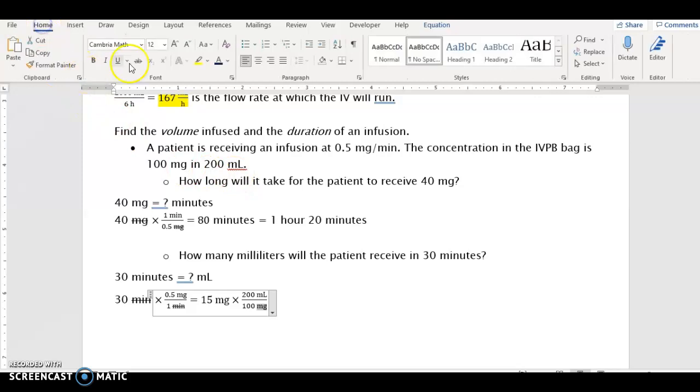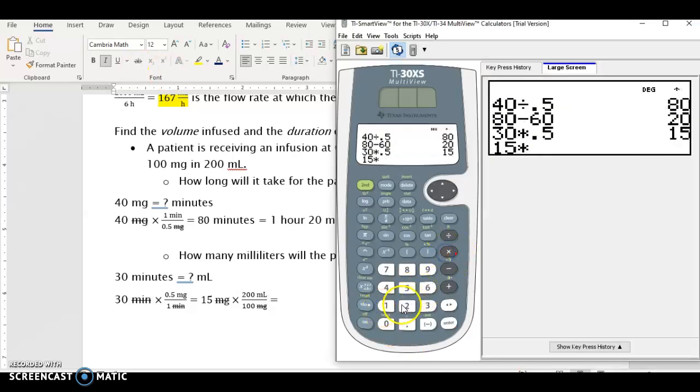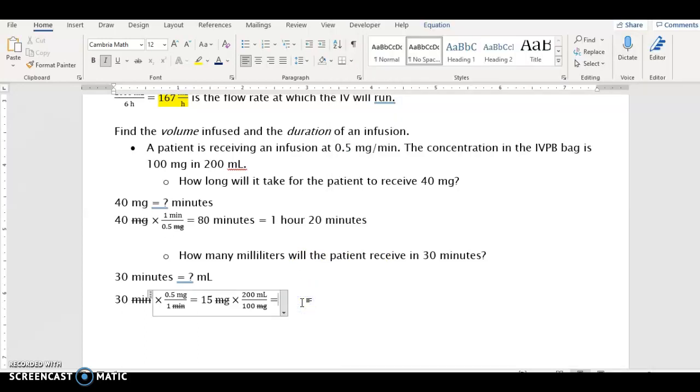And in the process, we eliminate the units of milligrams. So on our calculators, we're going to do 15 times 200 and then divide by 100. We get 30. So over the course of 30 minutes, the patient will receive 30 milliliters.